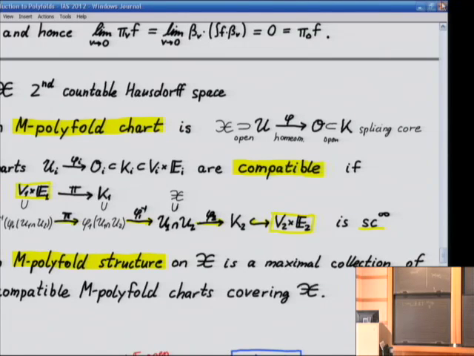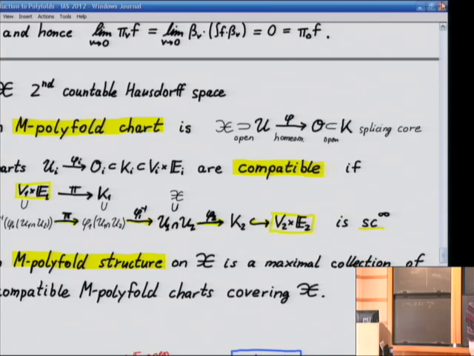We say what a chart is. A chart is a homeomorphism between an open set of X and some open set in a splicing core. And now here comes the magic, really. In order to say what it means for these two charts to be compatible, now we don't need some charts like in Kuranishi structures.